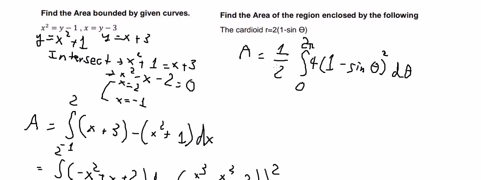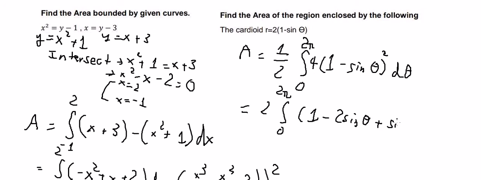So 4 divided by 2, you get 2. This one you get 1 minus 2 sine theta plus sine theta squared.